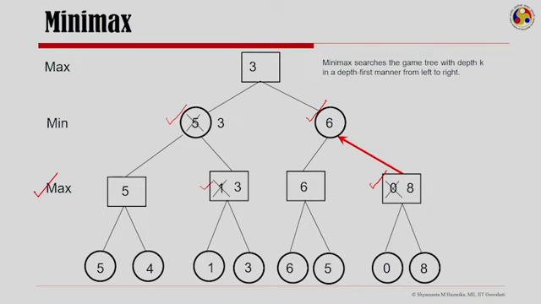So between 6 and 8, here 6 is preferred because I am looking for the minimum value of the two values. So finally 6 is backed up and the value of that final root node is 6. So the total backed up value of this game is 6 there.